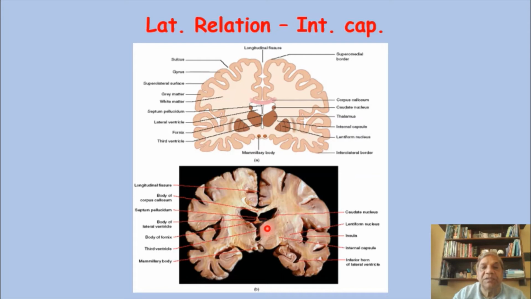You can see this is the thalamus, this is the third ventricle, this is the floor of the third ventricle, and here you can see the two mammillary bodies, right and left, present in the floor of the third ventricle, which are part of the hypothalamus, and this white band of fibers which is going here is nothing but the internal capsule. So this internal capsule will form its lateral boundary on the right as well as the left side.